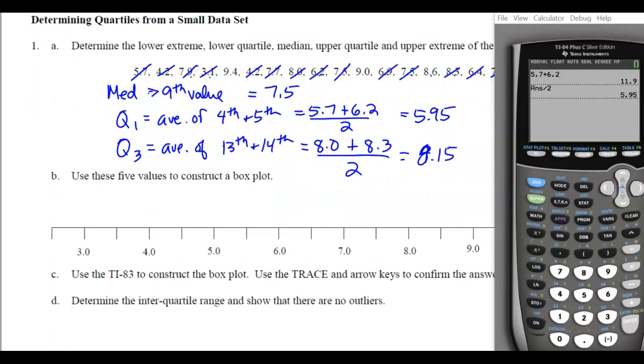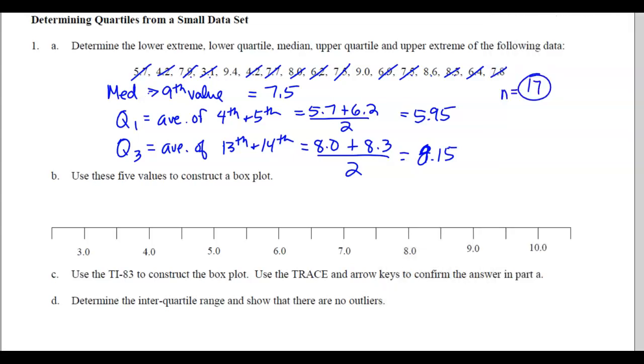So, to construct a box plot, our lowest value was 4.2. Oh yeah, I didn't actually list it there. So lowest extreme is 4.2, and highest or upper is 9.4.